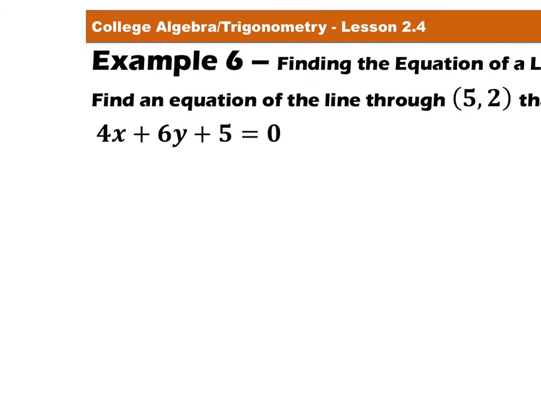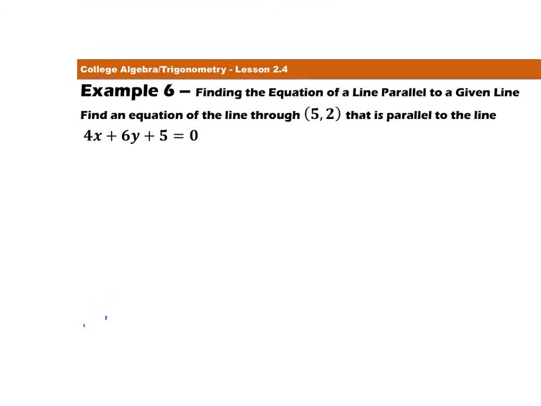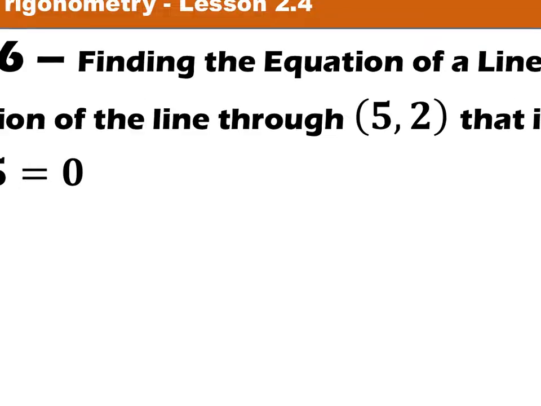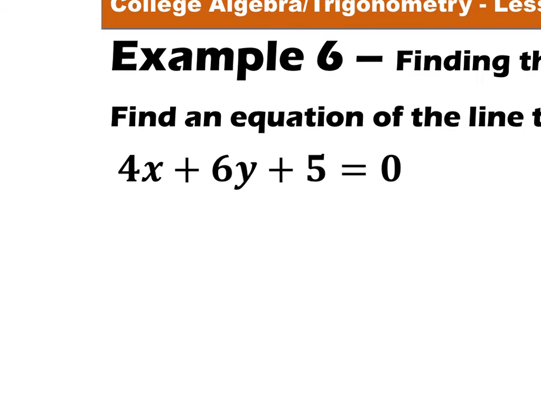So if I have this, first of all, I want to know a line that's parallel. So if I have something that's parallel, my slope is going to be the same as the one I find, or opposite reciprocal? Same. Remember that. So if I'm going to find the slope to this line, I have to get it into y equals mx plus b. What do I do? Subtract what? 5. And what else?